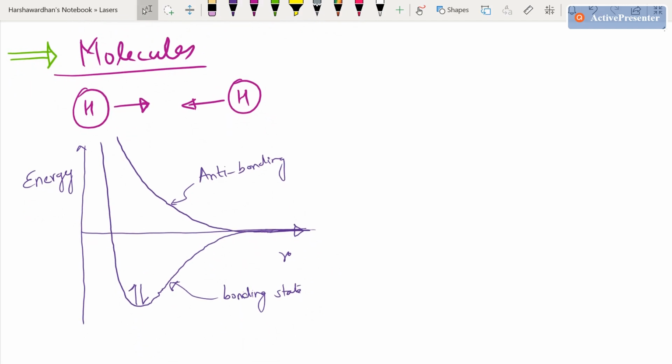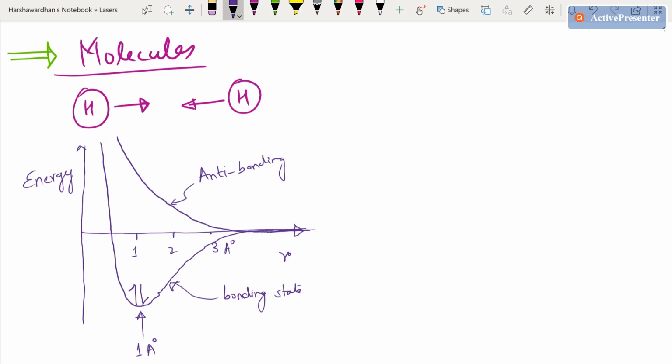This region where you find the minimum of the bonding state is precisely the interatomic distance of the molecule. Could be of the order of an angstrom or so, right? So we are talking about 1 to 3 angstroms on the scale. So this is how nature basically behaves, right?